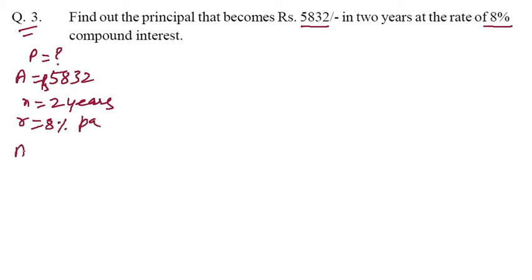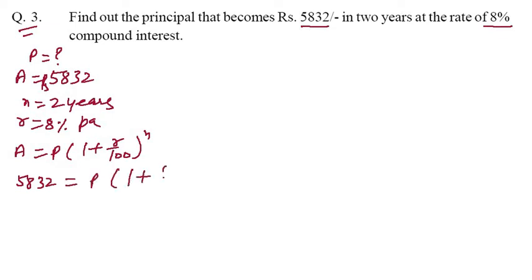Apply the formula. Amount will be equal to principal into 1 plus R upon 100 to the power n. Amount is given, 5832. Principal we want to find. 1 plus R is 8 upon 100, to the power n, where n is 2.